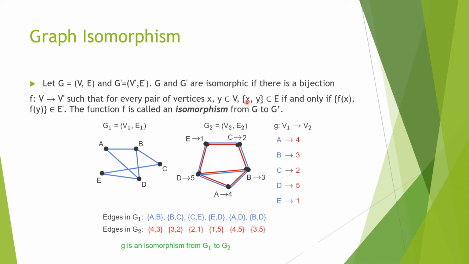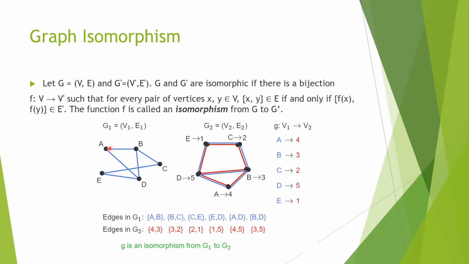And vice versa, which means that if their images are neighbors, they have to be neighbors too in graph G. So (x, y) is in the edge set E if and only if (f of x, f of y) is in edge set E prime. The function f in this definition is called an isomorphism from G to G prime.